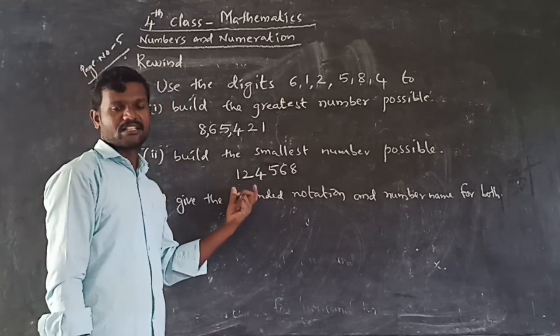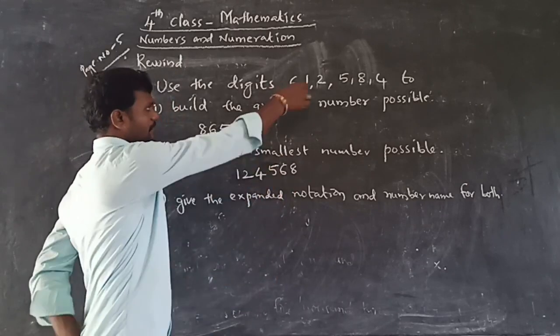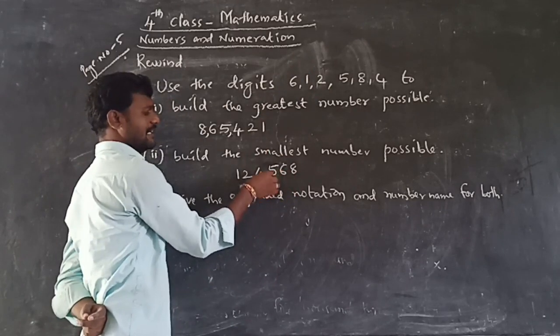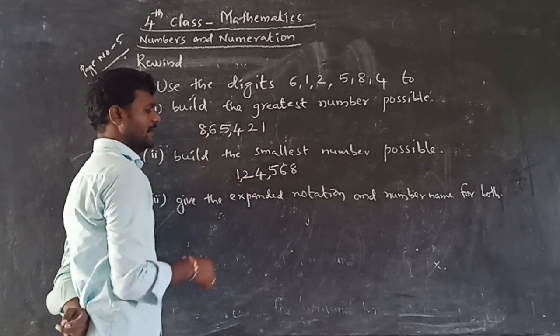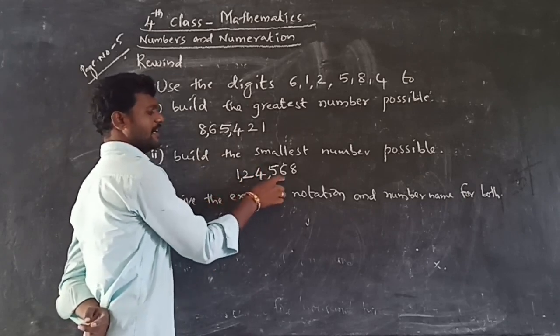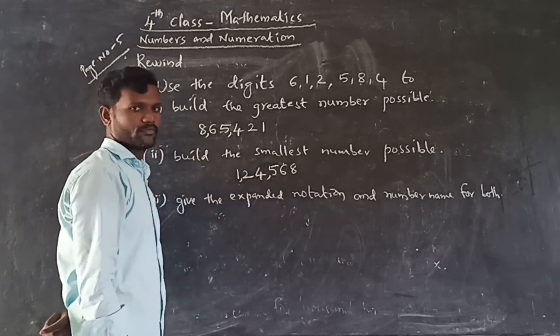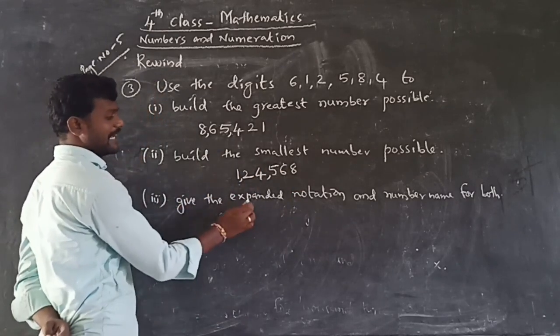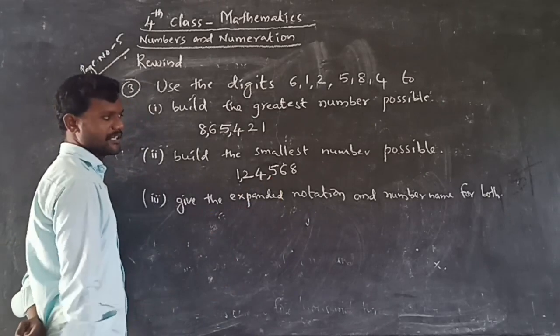Okay, this is the smallest number we can build by using these digits. Where we have to write commas: after 3 digits and then after 2 digits. It is 1,24,568.